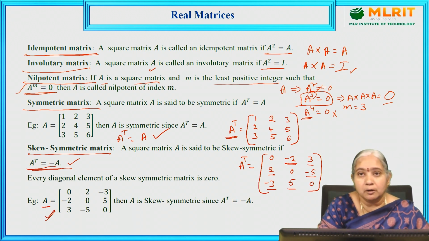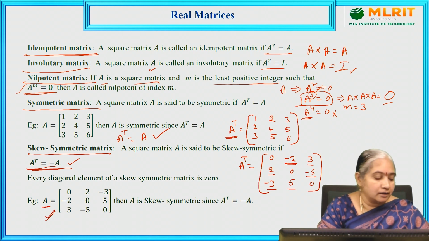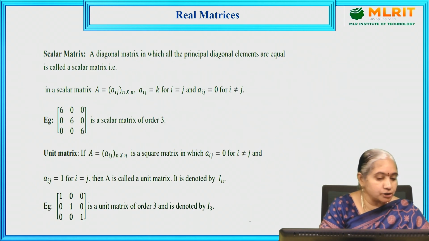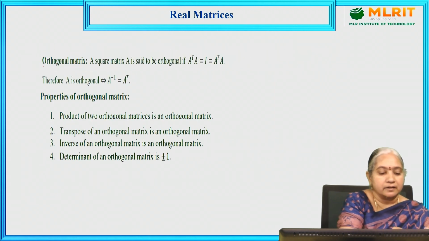So, in both cases, we have to find the transpose of the given matrix and see which condition it satisfies. If A transpose equal to A, then the matrix A is said to be a symmetric matrix. If the property A transpose equal to minus A is satisfied, then the matrix A is said to be a skew symmetric matrix. Now, coming to the next definition, the orthogonal matrix.